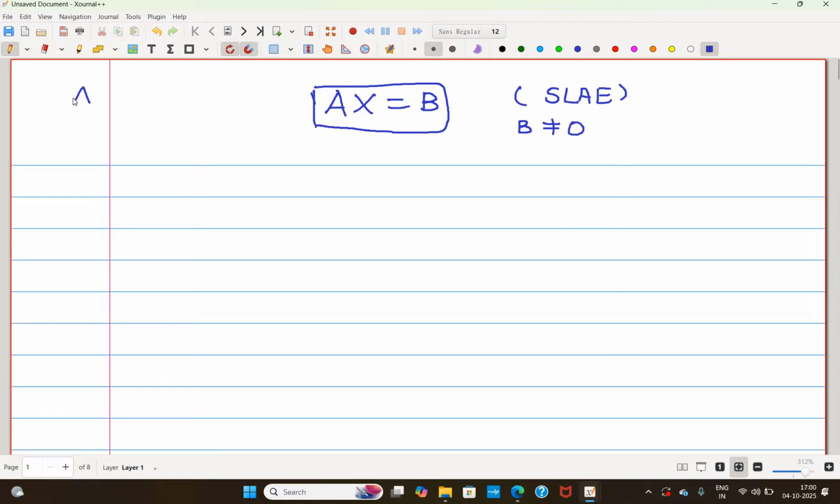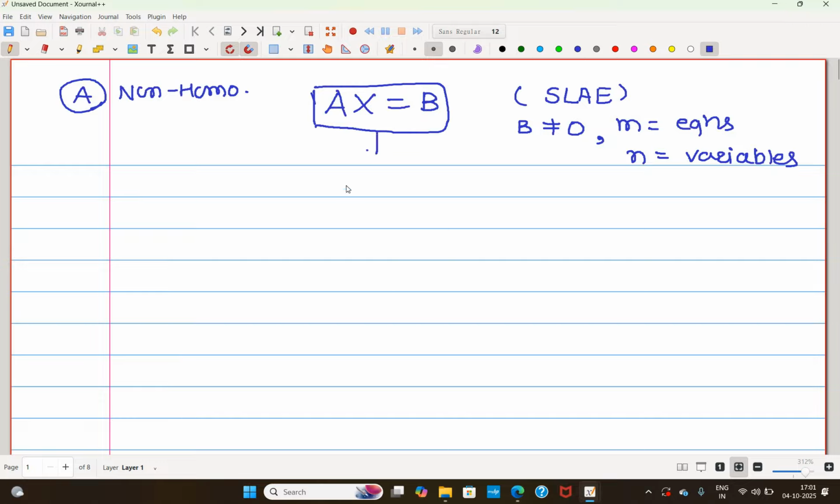I'm going to consider this as case A. m are your equations and n is the number of your variables. Got it? So once you have this particular system, which is non-homogeneous, B is not equal to 0, it means a non-homogeneous system of linear algebraic equations.